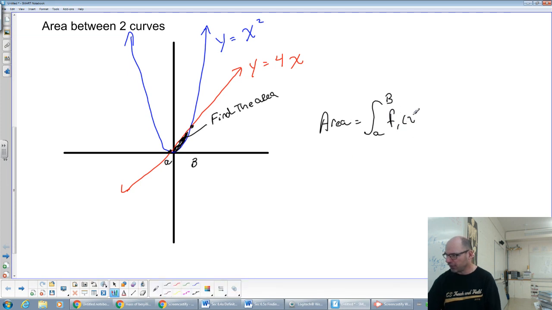And this one here, f1, is the upper curve.